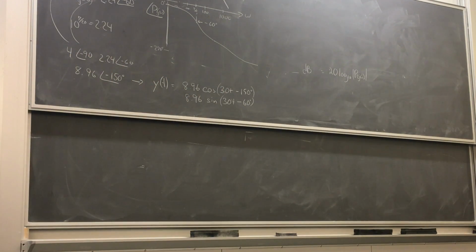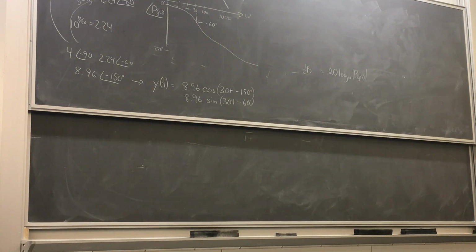And why is it 20? Anybody remember? Because it's volts squared, or whatever, squared. Yeah, squared. Because it really should be in terms of power. And the relationship of power to something like volts, which we're normally working with in our transfer functions, is a squared relationship.